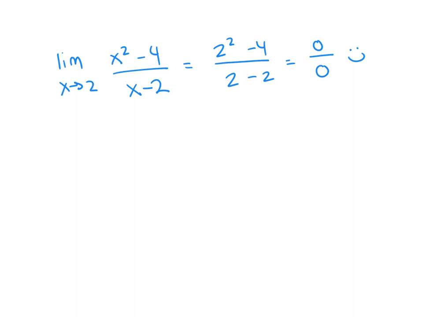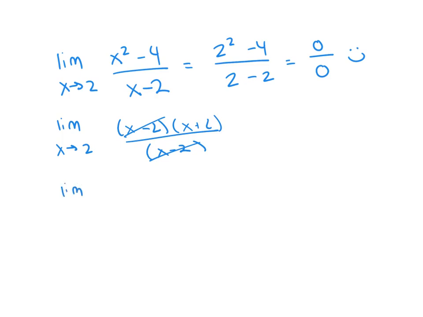The something I can do for this one is factor. As I can tell, the numerator is the difference of perfect squares, so it'll be x minus 2 and x plus 2 all over x minus 2. Now my x minus 2's will cancel, and I'm just left with the limit as x goes to 2 of x plus 2.